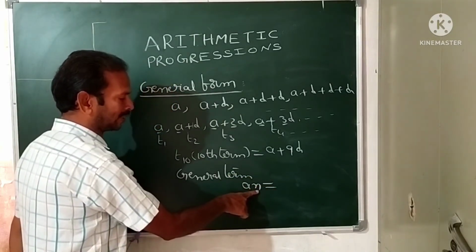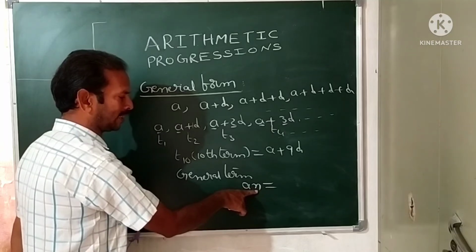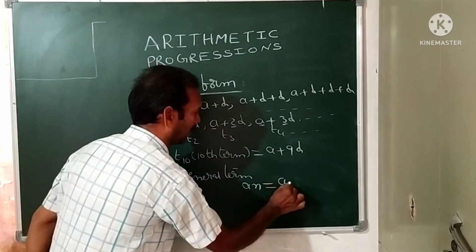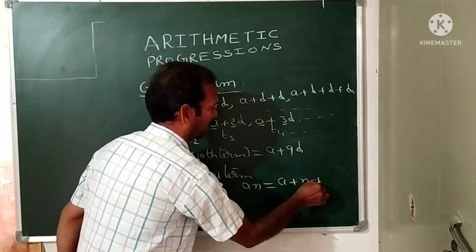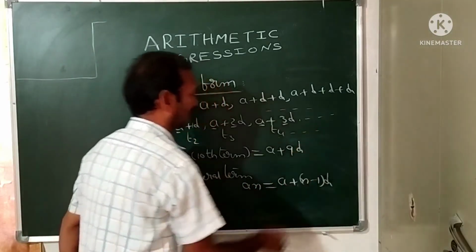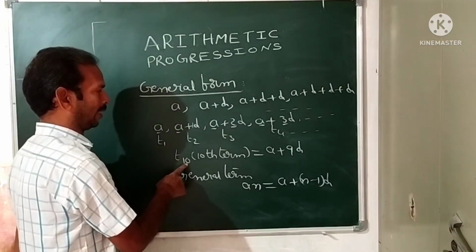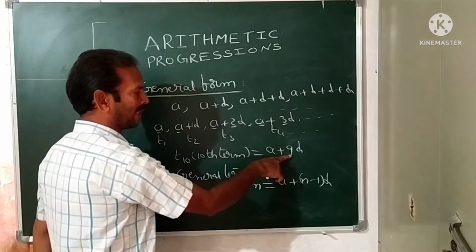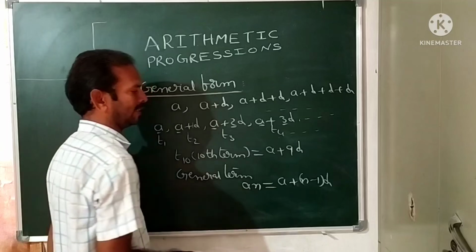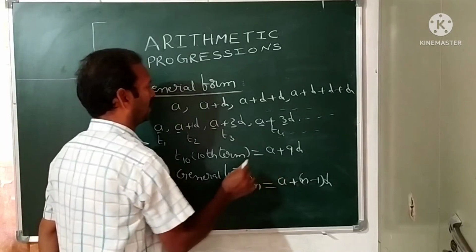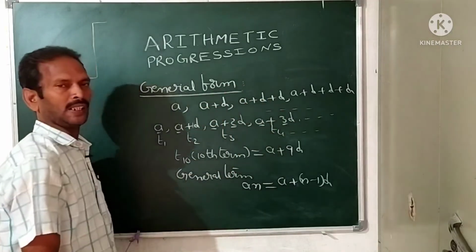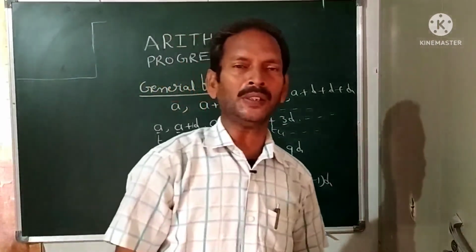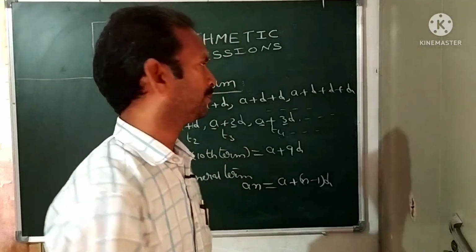Suppose you want the nth term, or the 5th, 6th, 7th, any term: write a first, then subtract 1 from the term number you want, and you will get the required number. For the 10th term: a plus 10 minus 1, that is 9d. So this is called the general term, and this is called the general form of an AP.